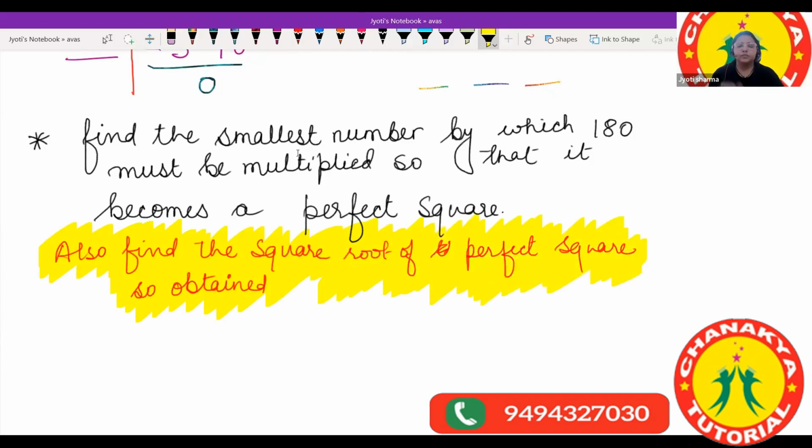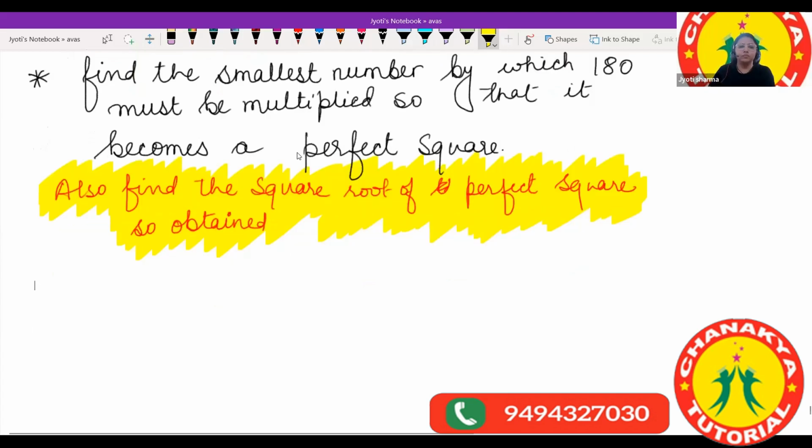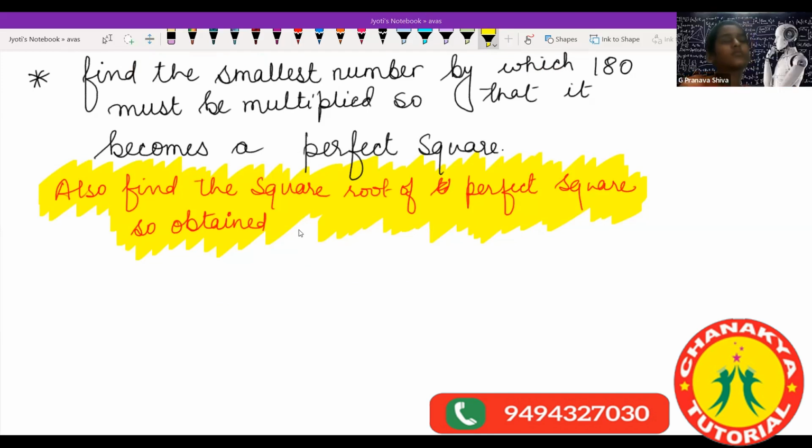Try it. Okay, Pranav, very good. Other kids? The square root? Okay, only Pranav has given the answer. Is it right, ma'am? Sharan. Gagna, correct answer.